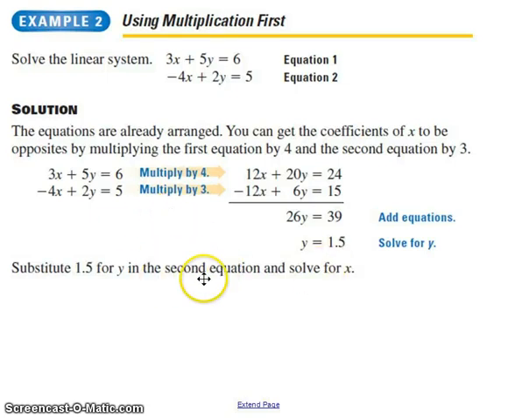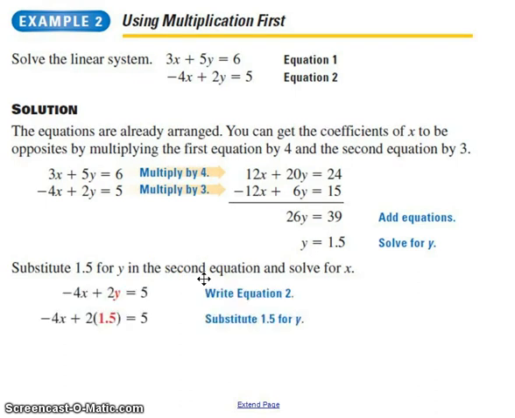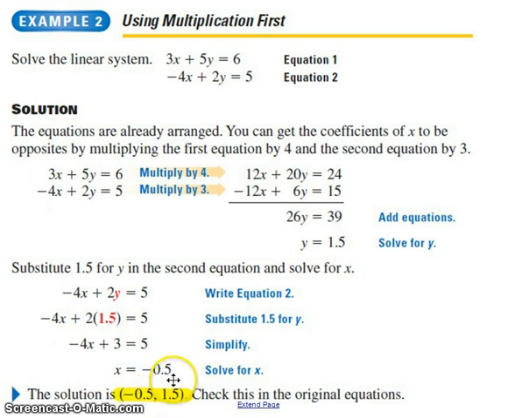This time the textbook picked the second equation. As I said, it doesn't matter which one you plug it back into. And once they did that, they figured out that x had to be negative 0.5. And so the solution, the crossing point of those two lines, is negative 0.5 comma 1.5.